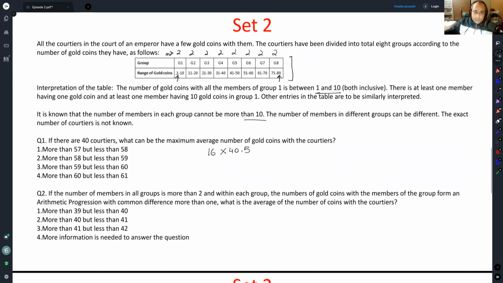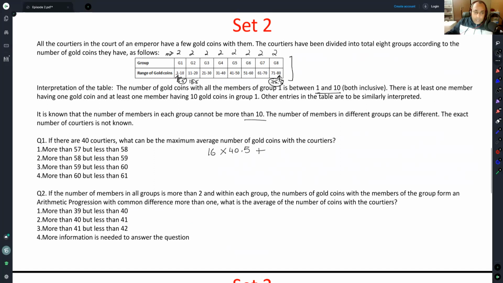The average for the 2 people here will be 5.5, the average for the 2 people here would be 15.5, and so on up until 75.5. So now if you take the average of these, you're going to get 40.5 only.